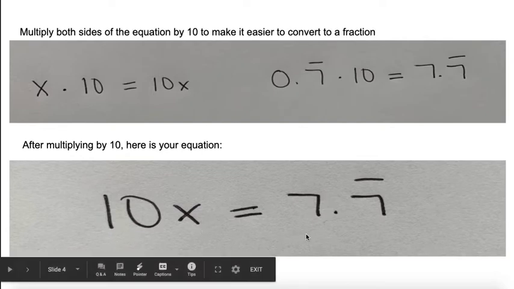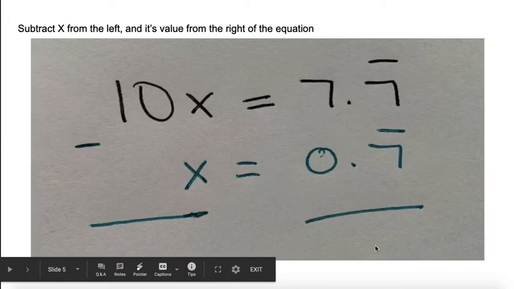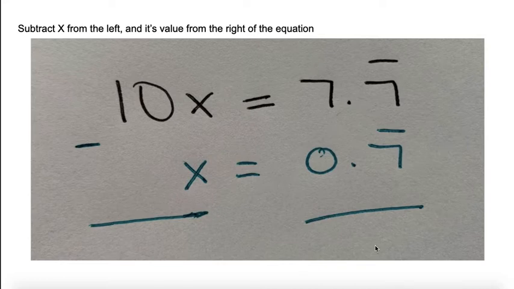10x equals 7.7 repeating. Now our goal is to get x on the left side completely by itself so we can figure out what this decimal would be as a fraction. The way that we do that is we have to get rid of our x, so we have to subtract. We're going to subtract x from the left side and the value of x, which is 0.7 repeating, from the right side of the equation.